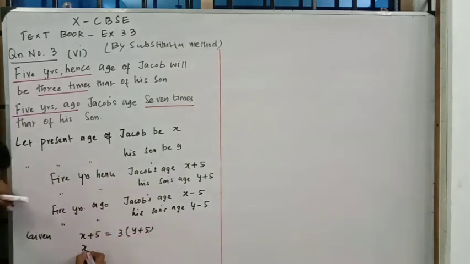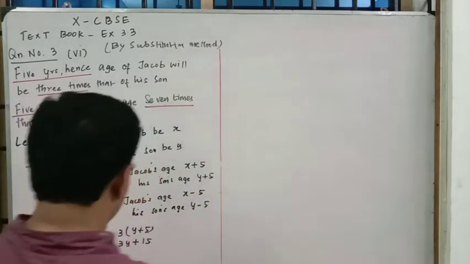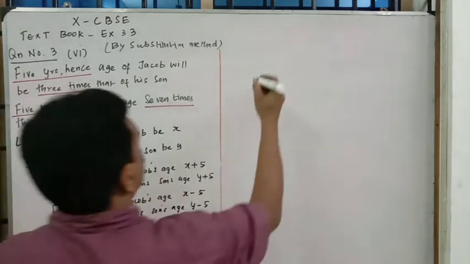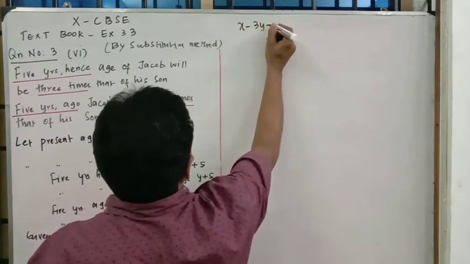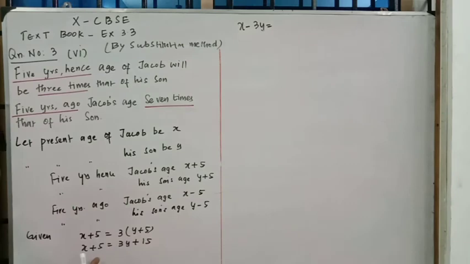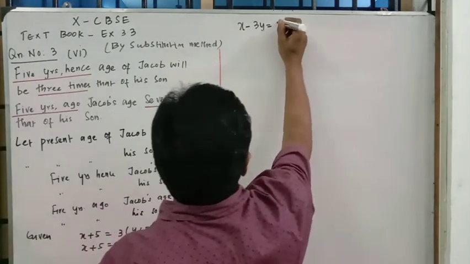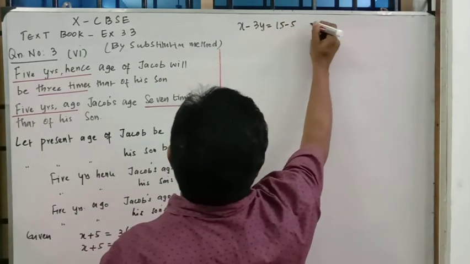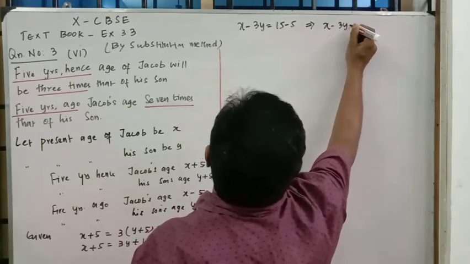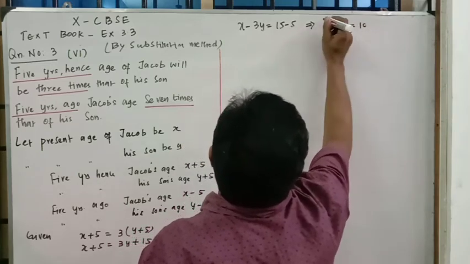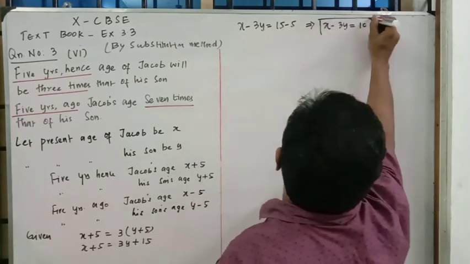So simplifying this, X plus 5 equals 3Y plus 15. Take this 3Y here, X minus 3Y equals 15, take this 5 here, 15 minus 5, which is X minus 3Y equals 10. This is equation number 1.